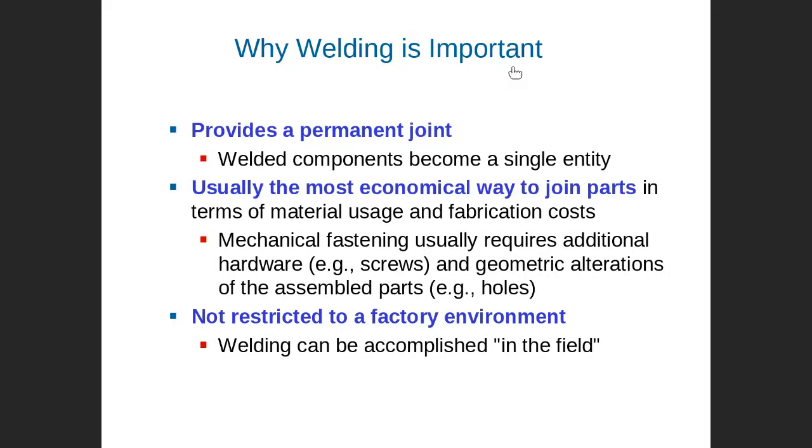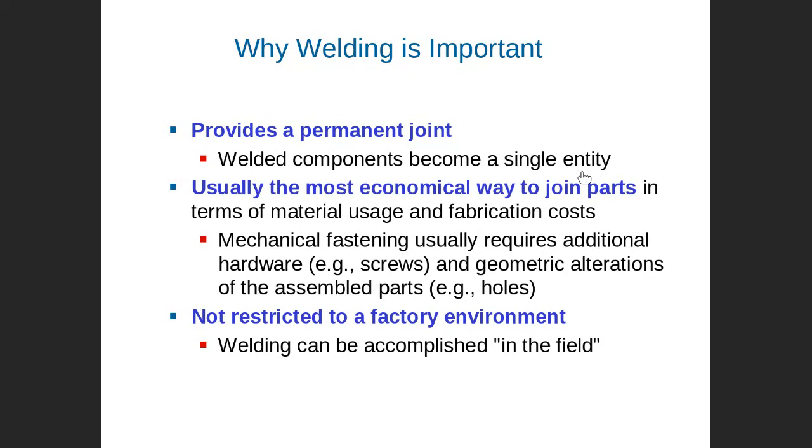Why welding generally? Welding is a permanent joint. Permanent joint means when you do the welding process, it is very difficult to disassemble. Why is welding important? It is important because the welded components become a single entity. Single entity means after welding, the two parts become one part, not two anymore.